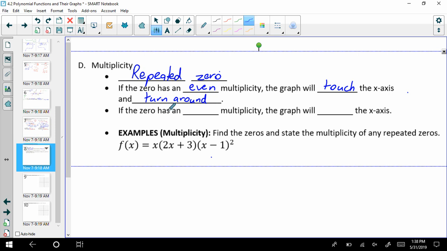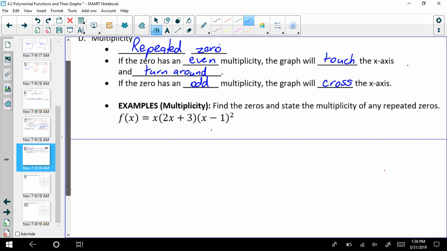If the 0 has an odd multiplicity, so I get it once, or 3 times, or 5 times, or 7 times, the graph will cross through the x-axis at that spot. And I'll show you a visual here with this next example of what I mean by that.